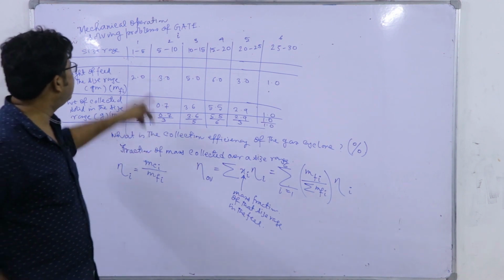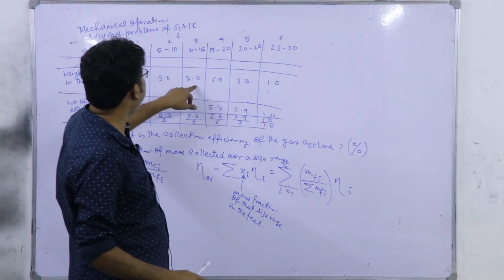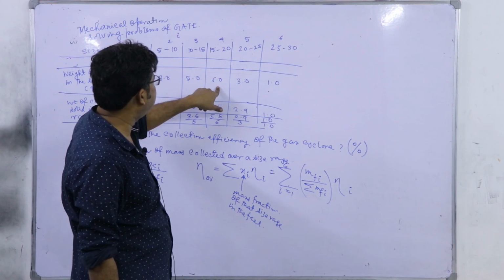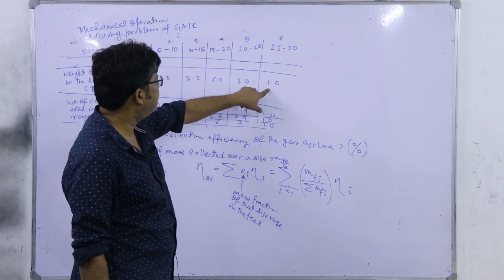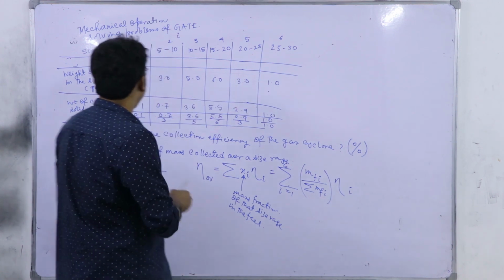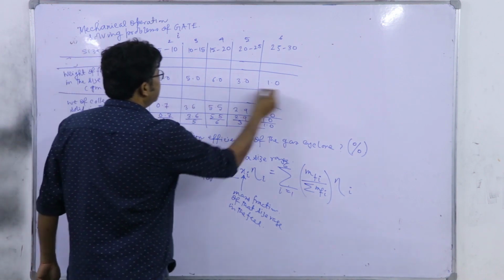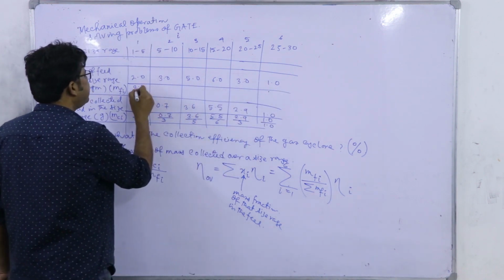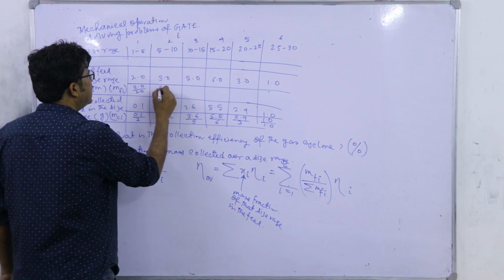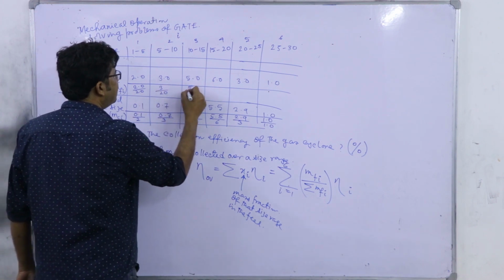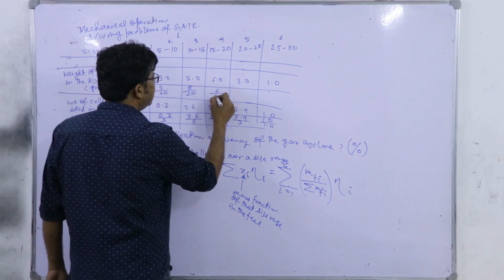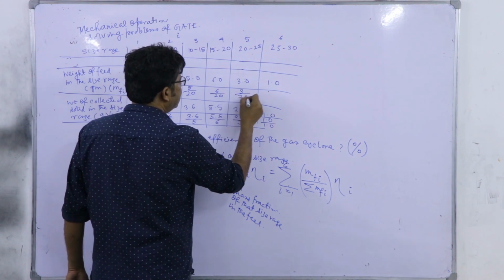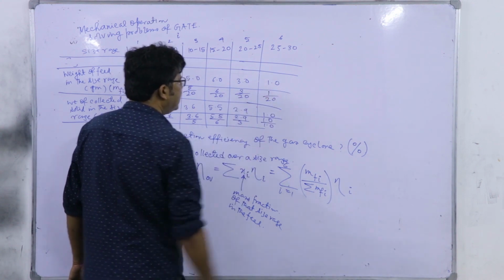So, you see 2, 3, 5; 5 plus 5, 10; 10 plus 6, 16; 16 plus 4, 20. So, the mass fractions we can calculate: 2 by 20, 3 by 20, 5 by 20, 6 by 20, 3 by 20, 1 by 20.